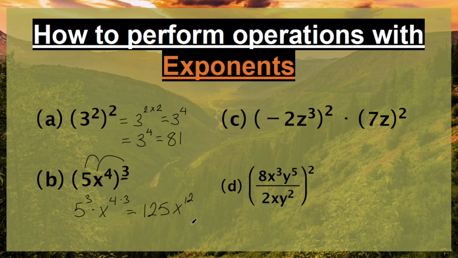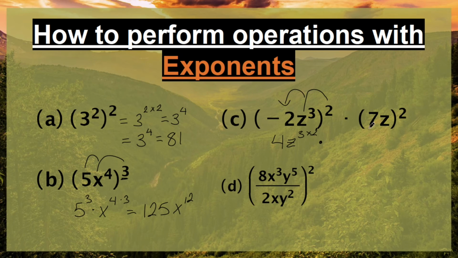C asks negative 2z cubed raised to the power of 2 times 7z all raised to the power of 2. So the first part, we need to make sure that the squared applies to the z and the negative 2. Negative 2 squared is 4. And z raised to the third power raised to the second power is z raised to the power of 3 times 2.